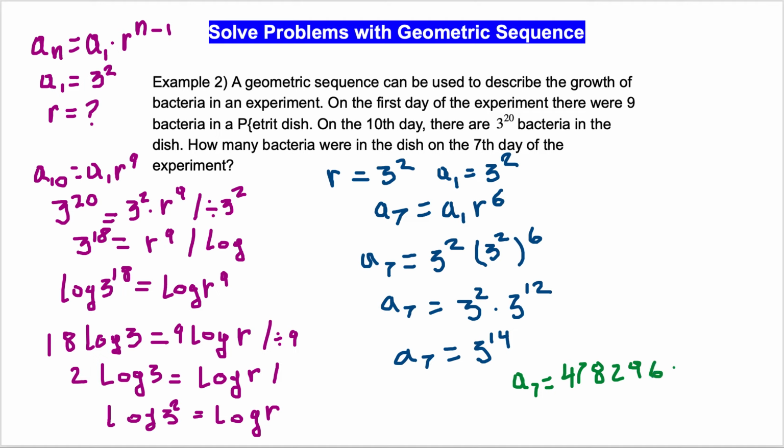So this many bacteria are going to be in the petri dish on the 7th day: 4,782,969 bacteria.